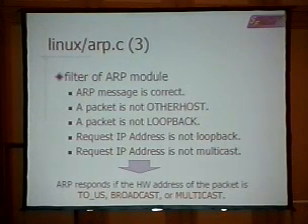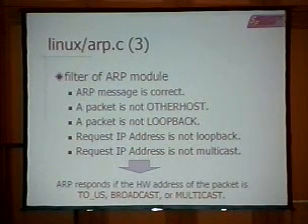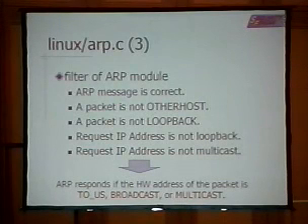If the ARP message is correct, if the packet is not for another host, if the packet is not loopback, if the request IP address is not loopback, if the request IP address is not multicast, then the ARP module will respond to the packet, throughout broadcast and multicast. This is how the Linux kernel implements ARP.